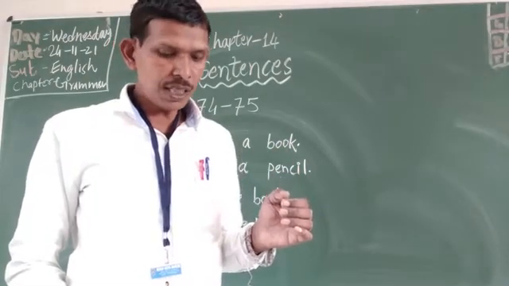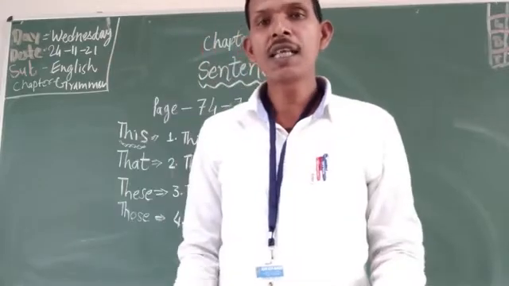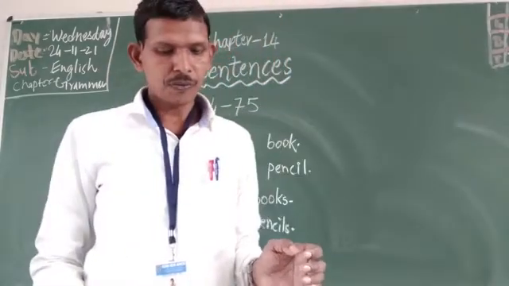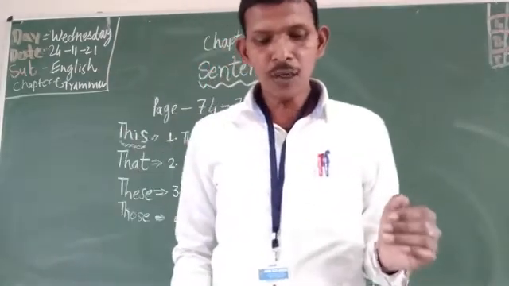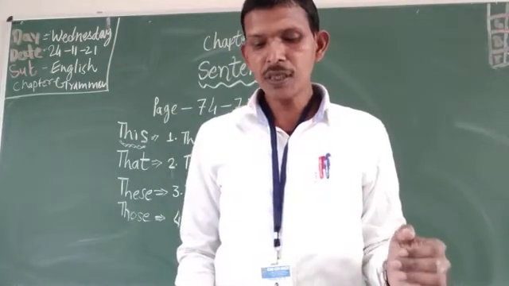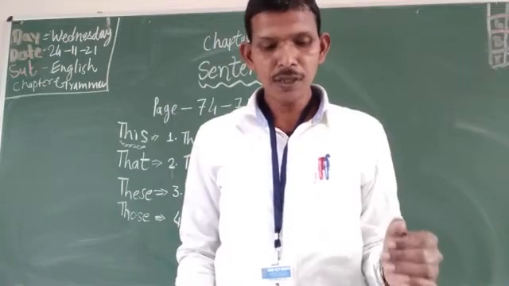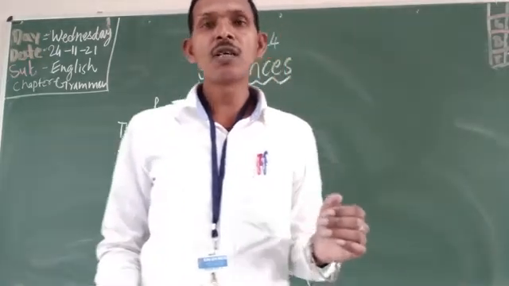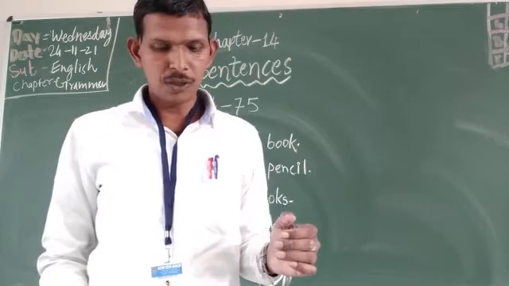Okay, and now you can see the use of these and those. We use these and those to point to particular persons, places, animals, birds or things that are in plural number.